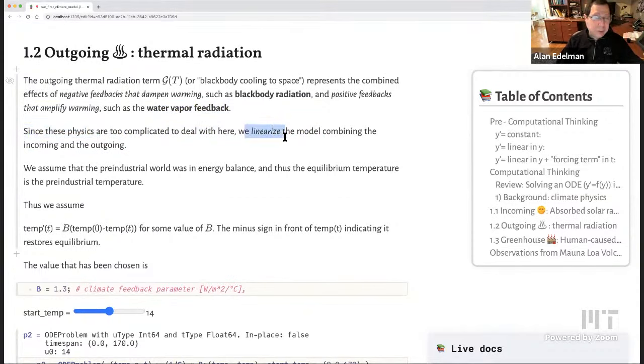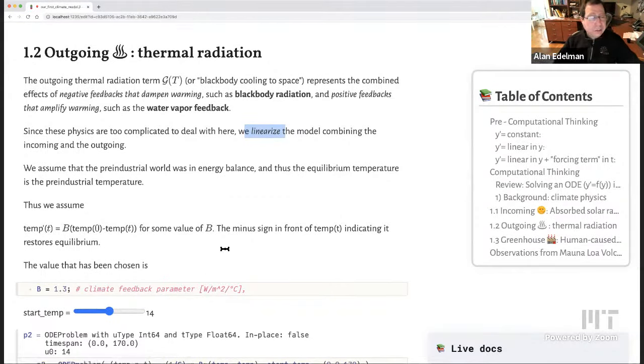So why don't we just come up with a linear model? The outgoing thermal radiation is going to be a linear function of temperature. So this is where that second model comes in. Just to remind you, y prime equals linear in y is what we're doing. We're revisiting the linear function in y.